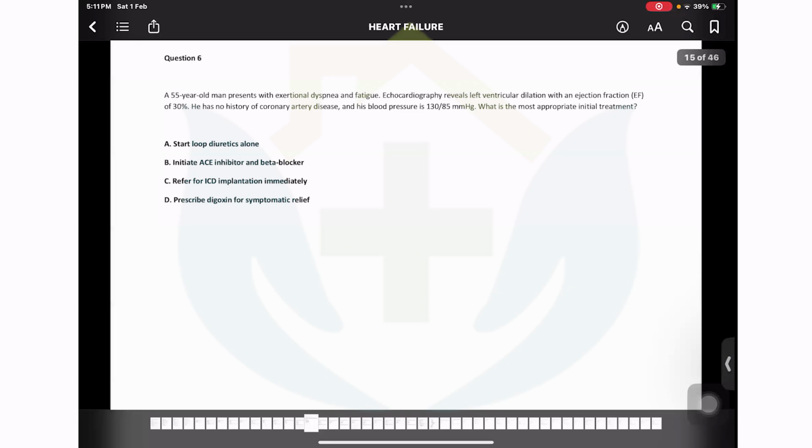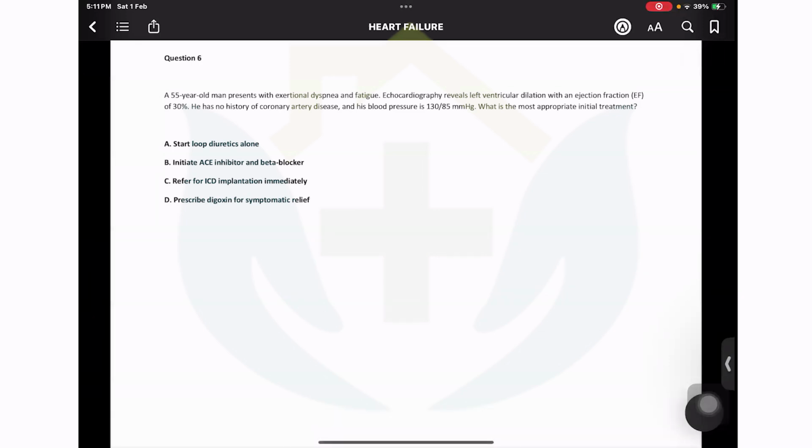Definitely nowadays, with the guidelines changing so fast, the first drug would be ARNI. Second, if we cannot give it, then ACE inhibitors or ARBs.